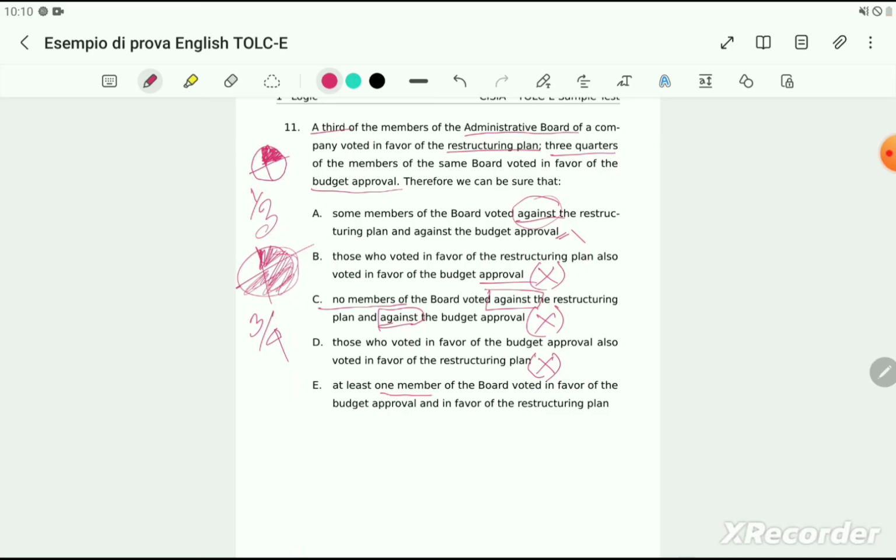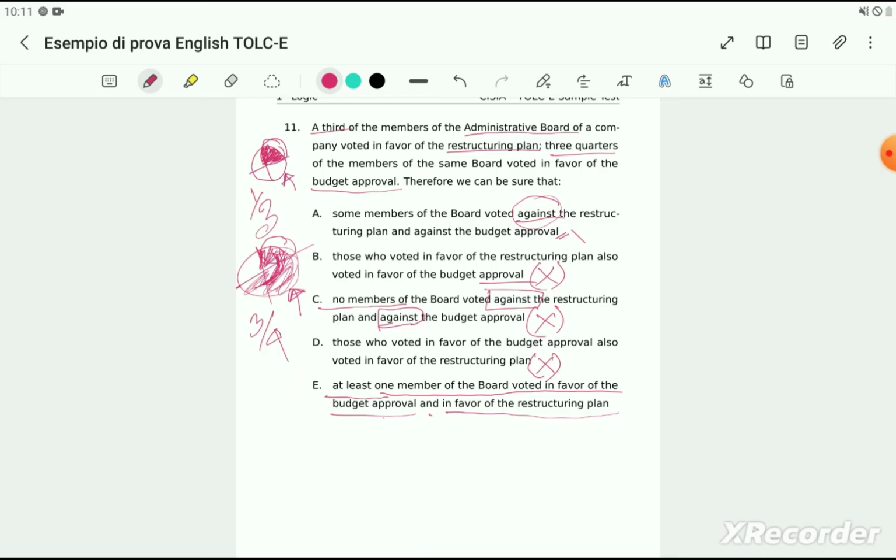At least one member of the board voted in favor of the budget approval and in favor of the restructuring plan. These could be right. Also, at least one member of the board voted in favor of the budget approval. Yeah, because here is 1/3, here is 3/4. There is a possibility that this quarter and this quarter will overlap, or we can simply think, because we cannot exactly relate population with this kind of chart or set function, because population are random.